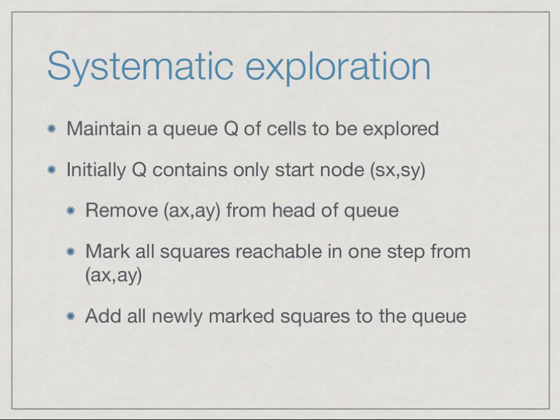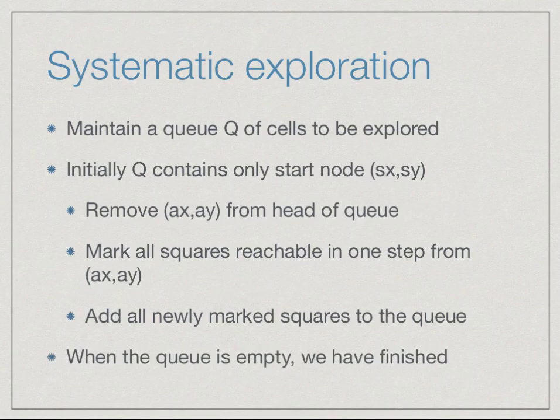So this guarantees that a square which has been reached once will never be reintroduced into the queue. And finally, we keep going until the queue is empty. When the queue is empty, there have been no new squares added which are unmarked before they were added. So there is nothing more to explore, and we have gone to every square we can possibly visit.